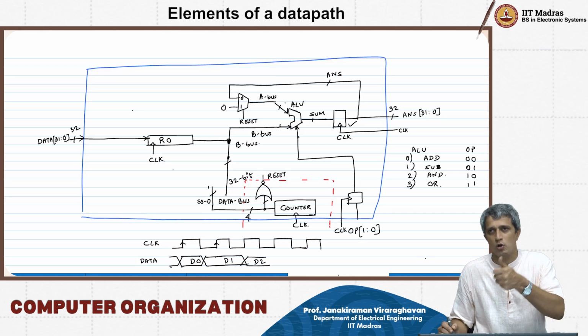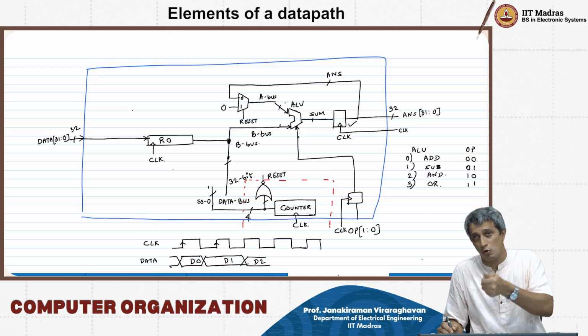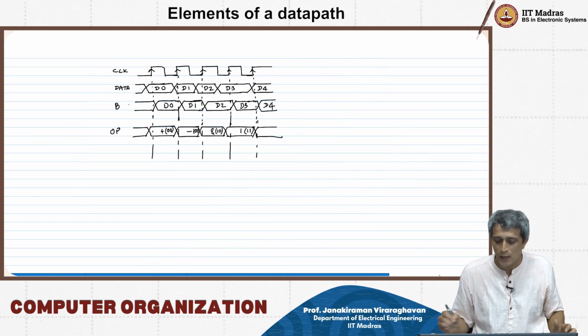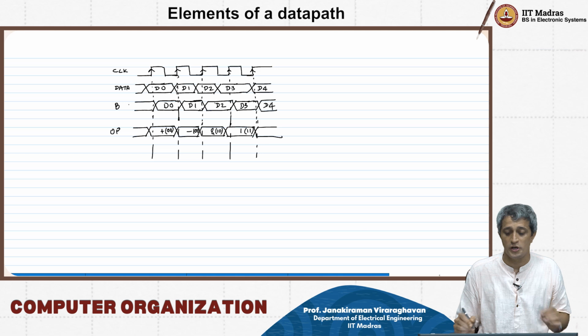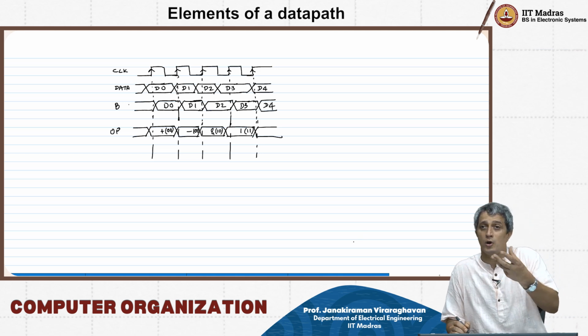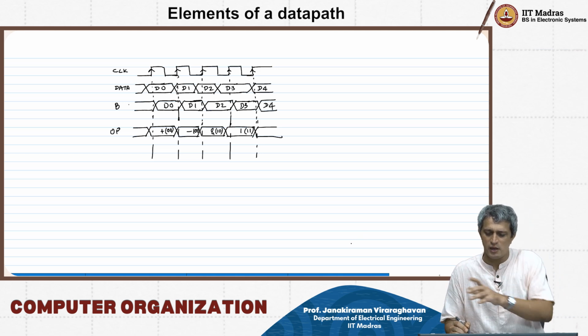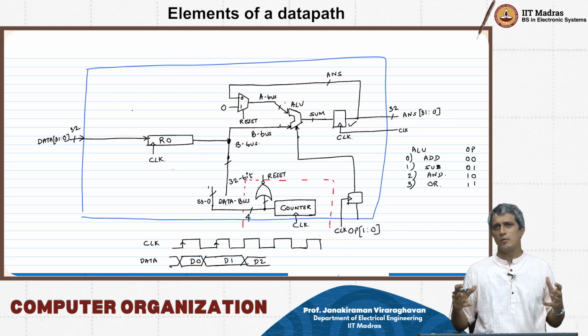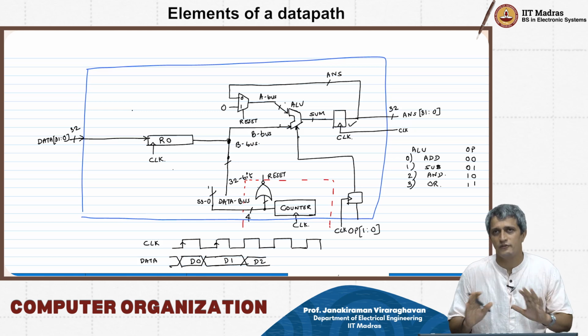So you will get D0 as the answer first, then you will do D0 minus D1, then on that answer you will do a bitwise AND operation with D2, then a bitwise OR operation of that result with D3 and so on, right. So this is basically very nice, and we are able to do all of these things very nicely.